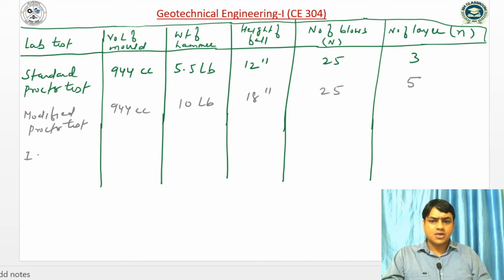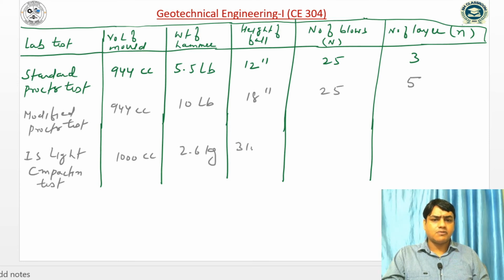Similarly, the third test is the Indian standard light compaction test. The volume is 1000 cc, weight of hammer is 2.6 kg, height of fall is 310 mm, number of blows is 25 and the number of layers is 3.